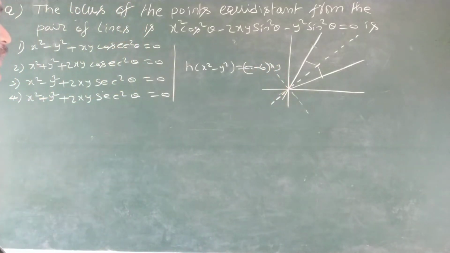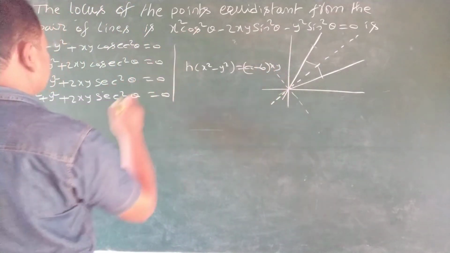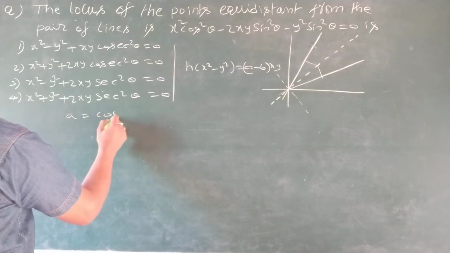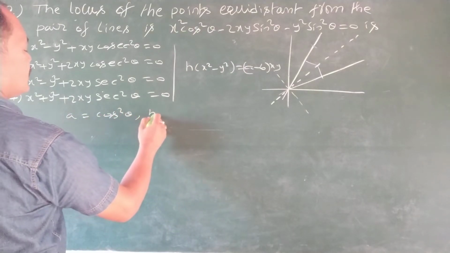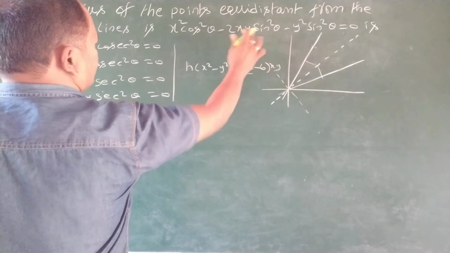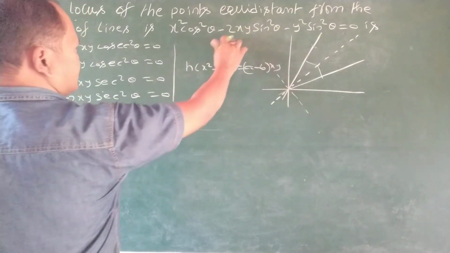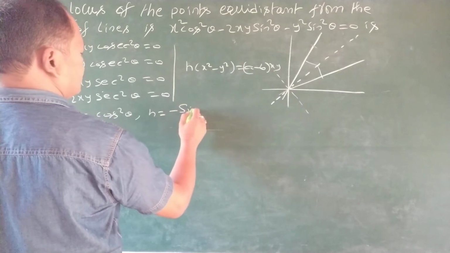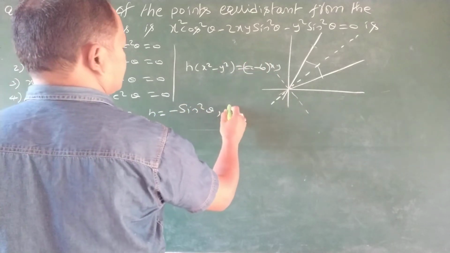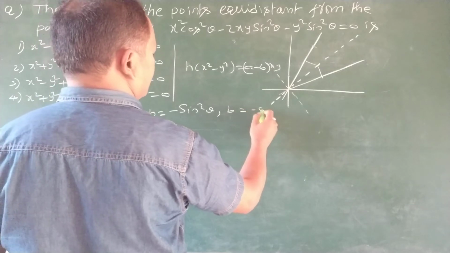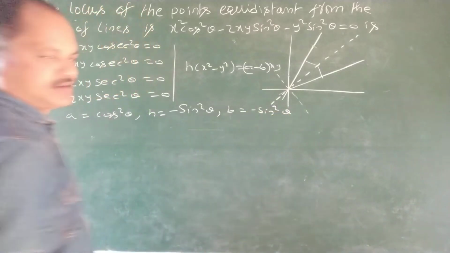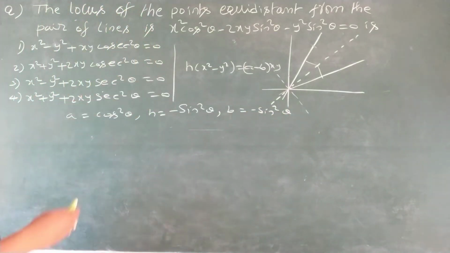According to this formula, from the given equation, a is equal to cos square theta, and h is half of the coefficient of xy, that is minus sin square theta, and b is the coefficient of y square, that is minus sin square theta. Now we have to substitute in the formula.